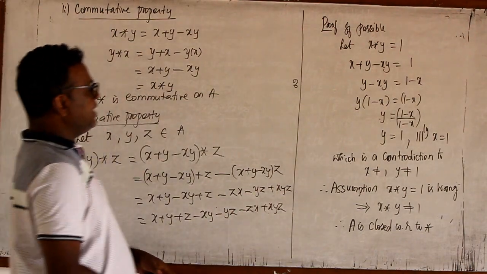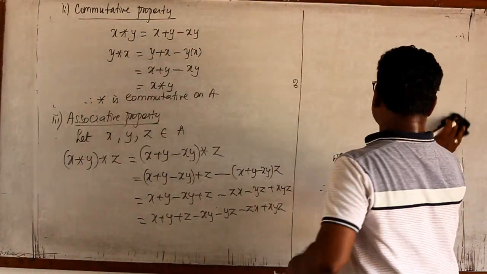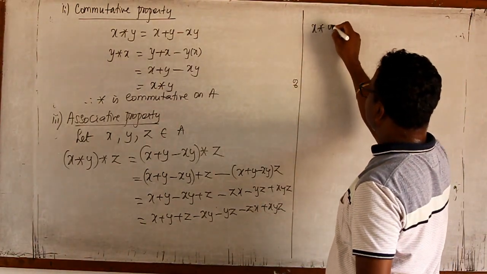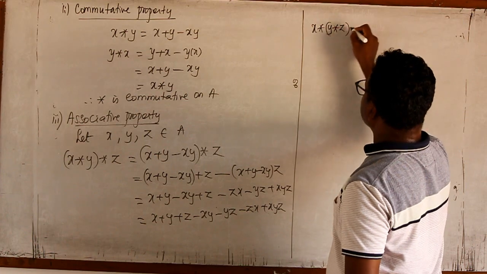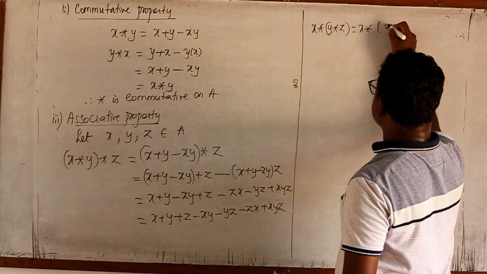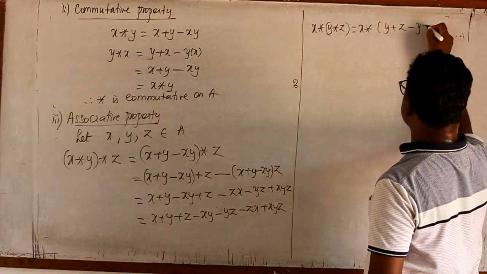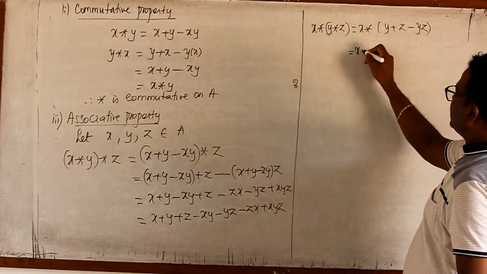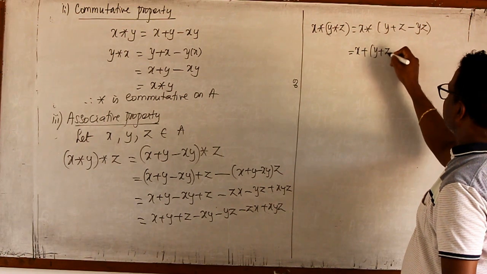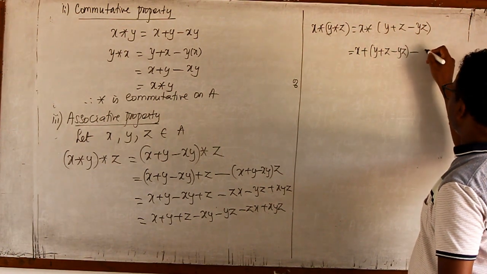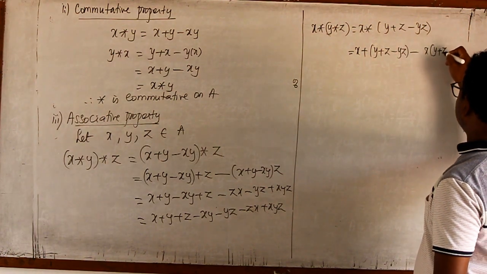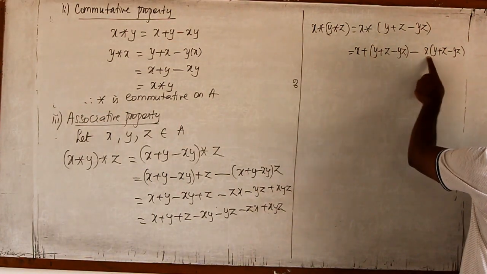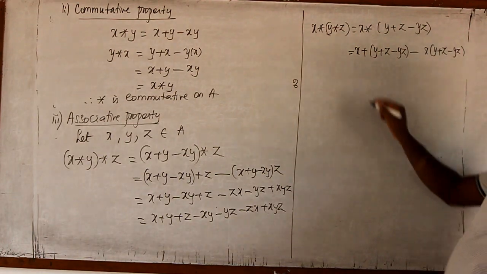This is the left hand side. Now let me rearrange the bracket. It is x star (y star z). y star z is y plus z minus yz. When I add these two, it is x plus y plus z minus yz minus x into (y plus z minus yz). Understand, I must add these two, multiply these two, and then subtract.